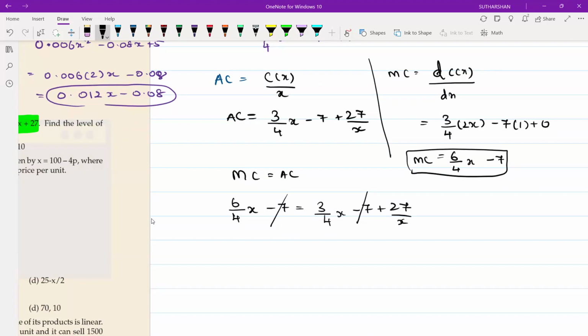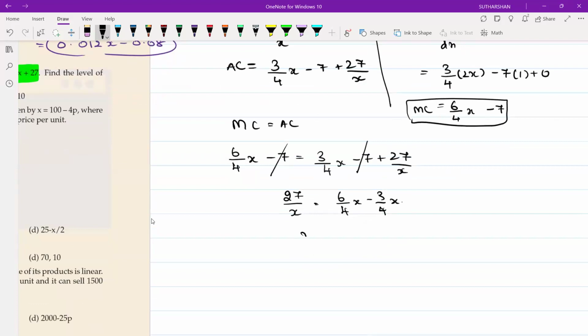Again, if I equate, 27 by x is on one side, and 6 by 4x minus 3 by 4x on the other side, so 27 by x remains. 6 by 4x minus 3 by 4x will become 3 by 4x.